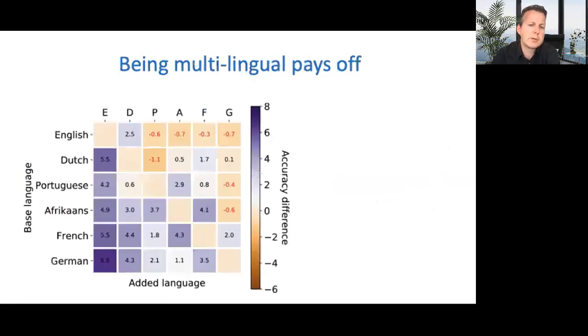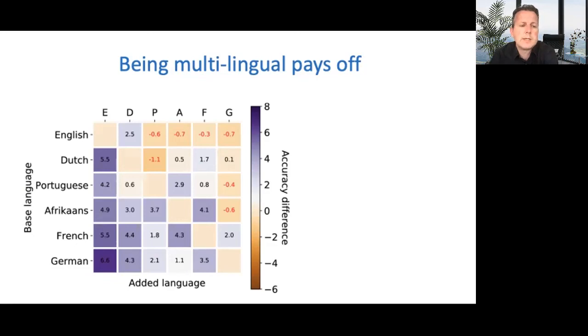Let us first look into the benefit of being multilingual in the word embedding. Here we show a pairwise multilingual evaluation of 6 languages that we took from FastText, which is pre-trained on 157 languages by Grave et al.